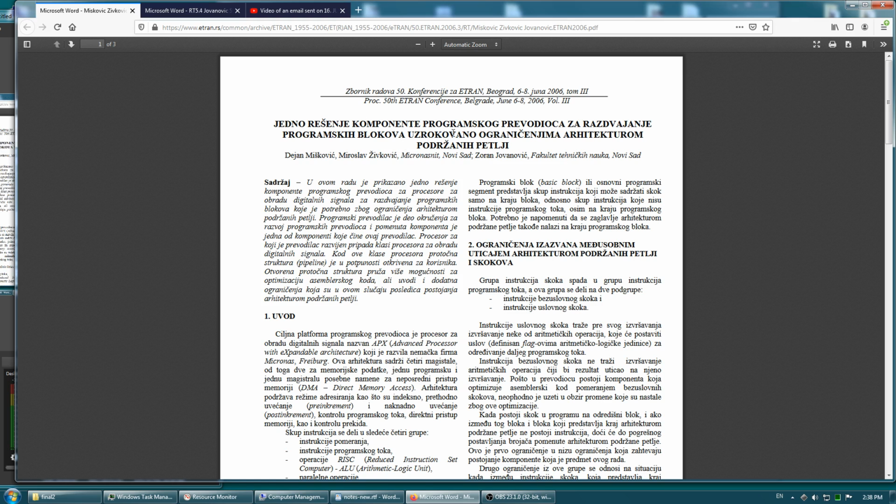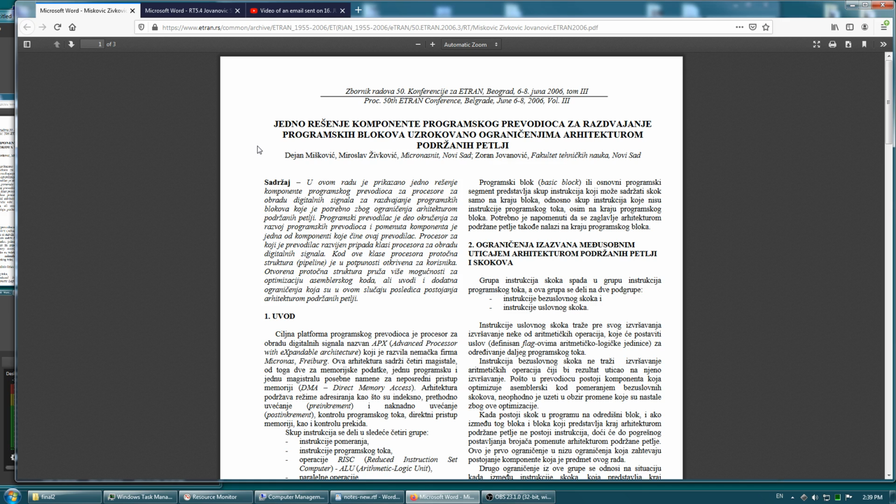The second one is about one component of a compiler, again for digital signal processing architecture, so special purpose architecture, again with open pipeline, and this is for splitting program blocks, which is caused by limitations of hardware loops, so loops that are supported by hardware.